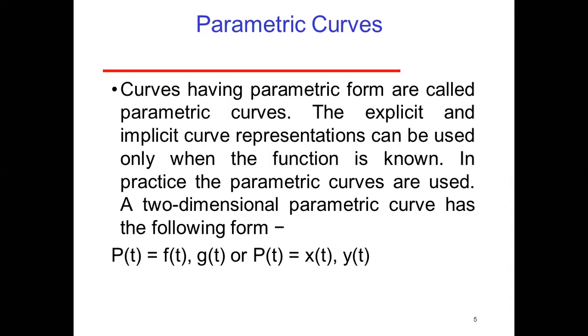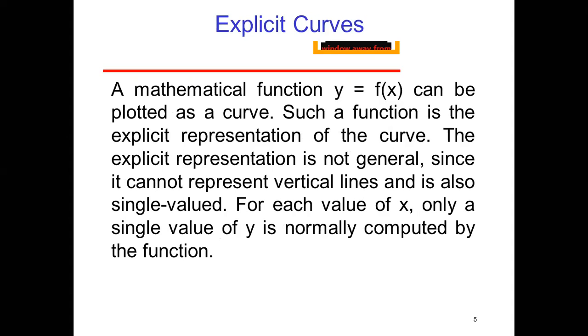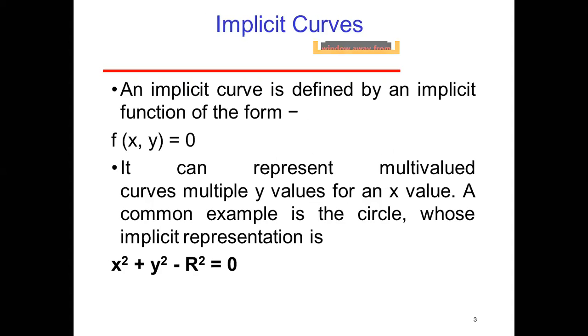We will increase the value of t, so we can calculate the values of x(t) and y(t) and so on. Ultimately, we will collect a number of points in a table, and then at the end, we can draw the curve. So we must have the knowledge regarding the different types of curves, whether they are parametric curves, explicit curves or implicit curves.